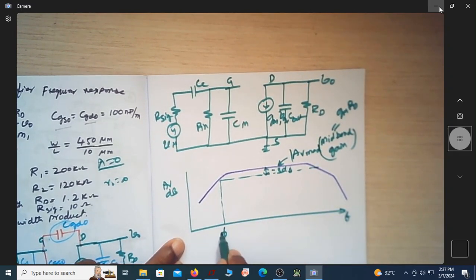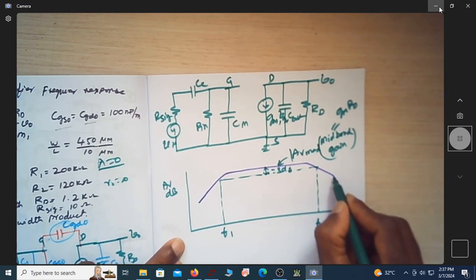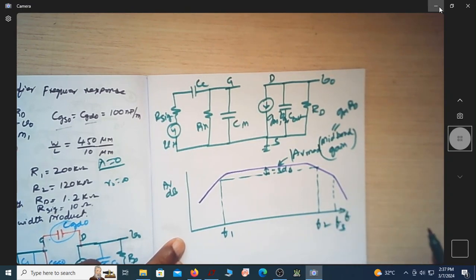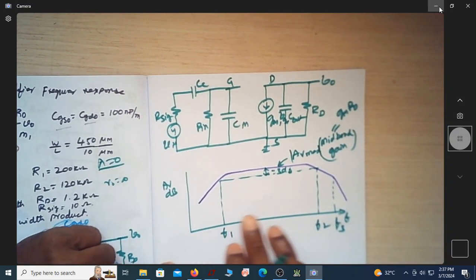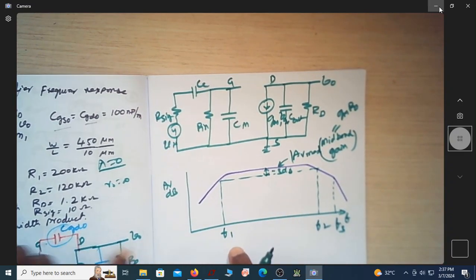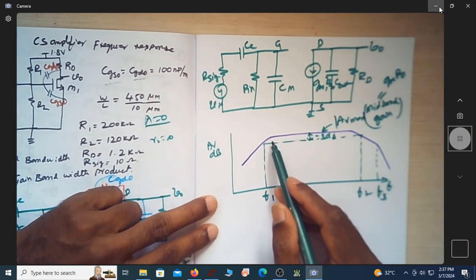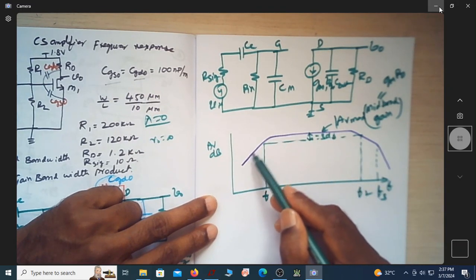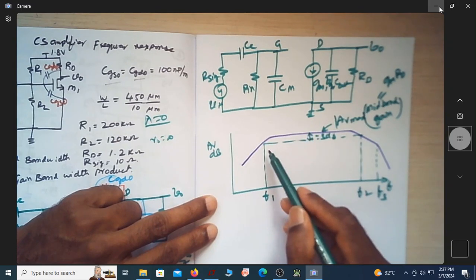So this is one frequency F1, this is the other frequency F2. You can see there is one more change in slope here. This we call F3. So now these are the three cutoff frequencies of this frequency response of the CS amplifier. When you write this, make sure that whenever a change in slope happens, you come down 3 dB from the maximum.